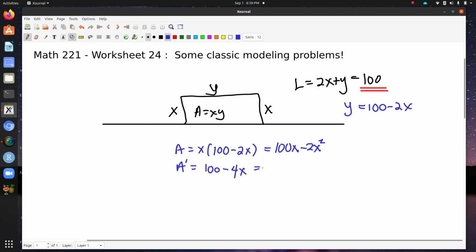And then you set it equal to 0, solve for x, and there you go. And I'll let you finish it yourself. But that's the process. So you solve for x, and then from x you find out y, and you multiply x and y together, and then you say, hey, I maximized the area, this was the maximum area. So that's how that problem goes.